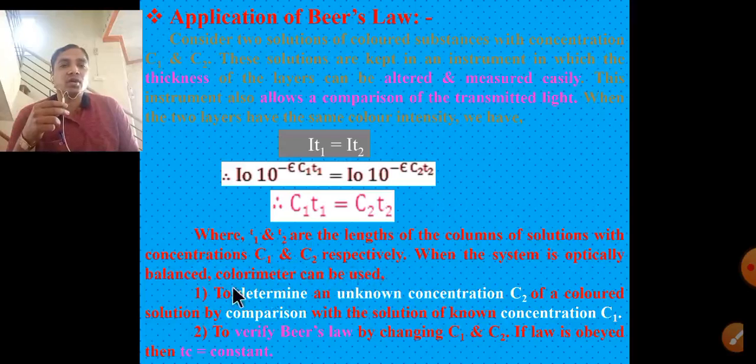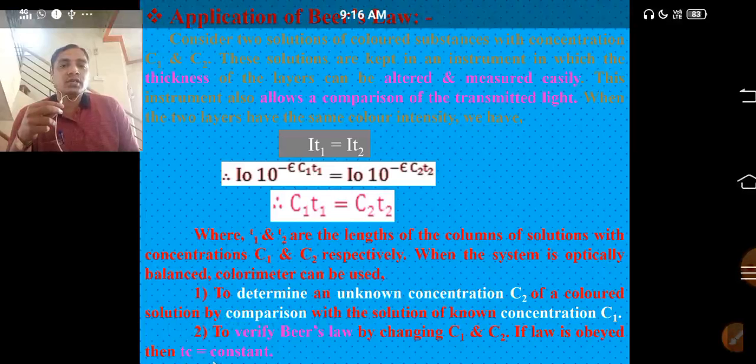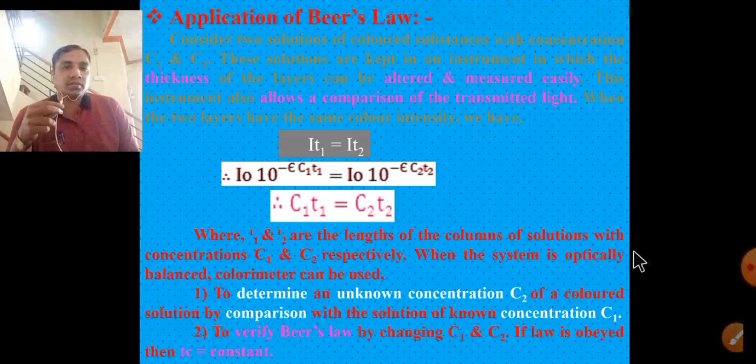When the system is optically balanced, the colorimeter can be used from this equation to determine an unknown concentration C2 of the colored solution by comparison with the solution of known concentration C1. To verify Beer's law by changing C1 and C2, if the law is obeyed, then Ct is equal to a constant.